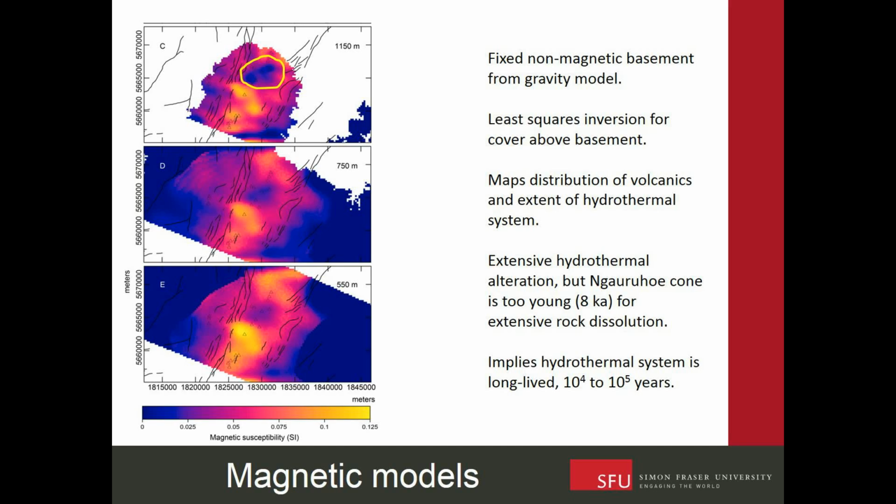To dissolve that volume of rock, you need that circulation to have gone on for 10 to 100,000 years. That gives us some idea as to the age of this hydrothermal system here, to have burnt this big hole through the magnetite. This hydrothermal system has to be pretty long-lived.